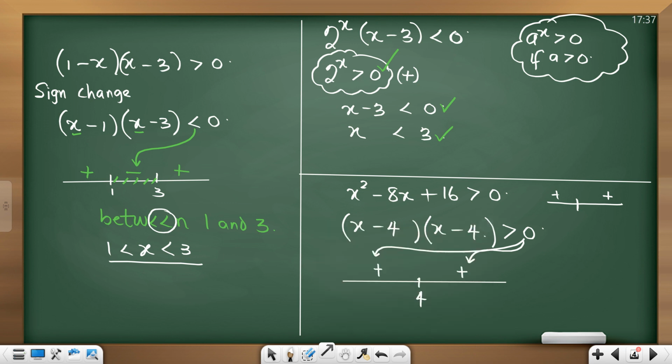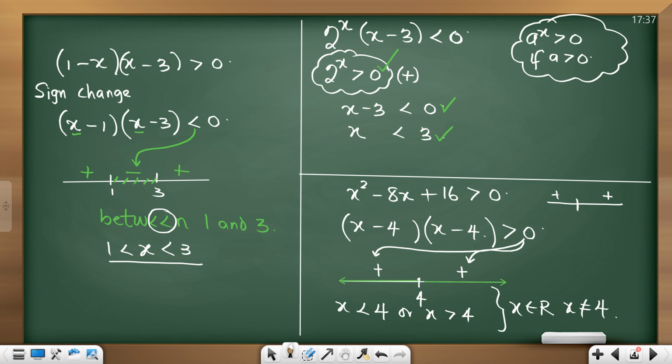My inequality then says from 4 going to the left and from 4 going to the right. So it's basically x is less than 4 or x is greater than 4. And this can be written as x is an element of the real numbers, but x cannot be equal to 4.